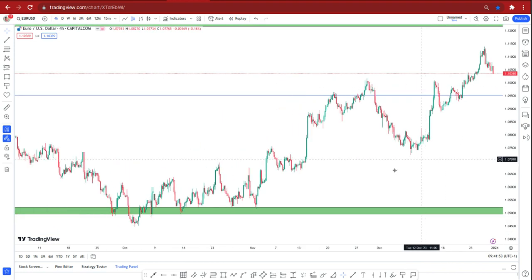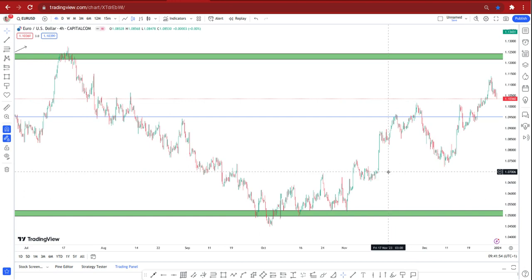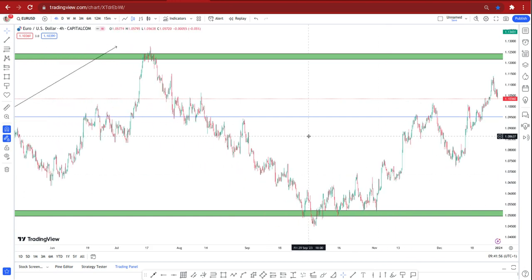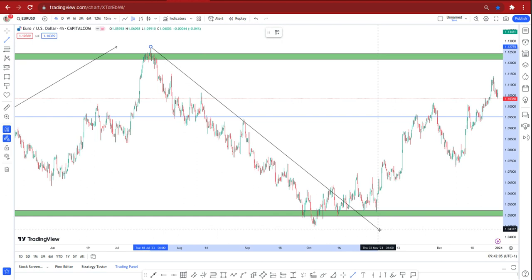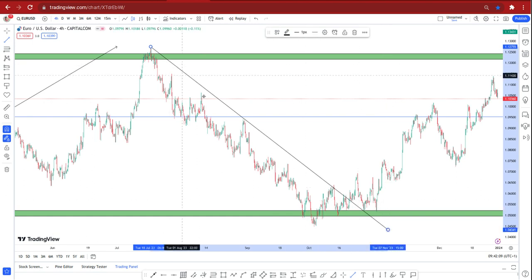So in a buy entry here, what do I have here? You can see price broke out of this trend here. Immediately price broke out of this trend, I'm looking for buy setups.